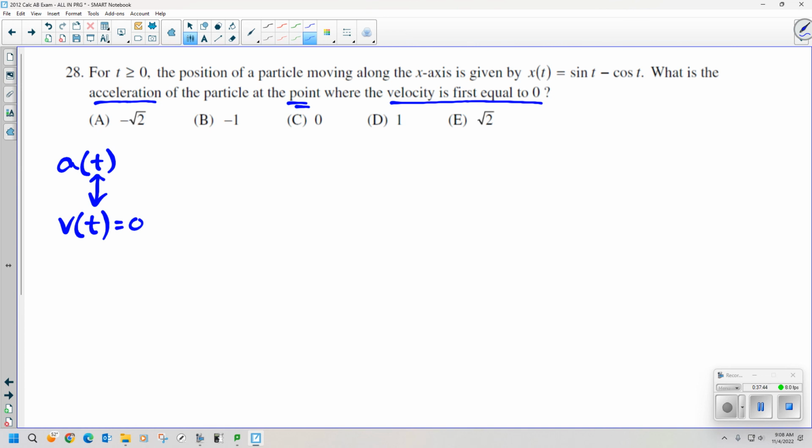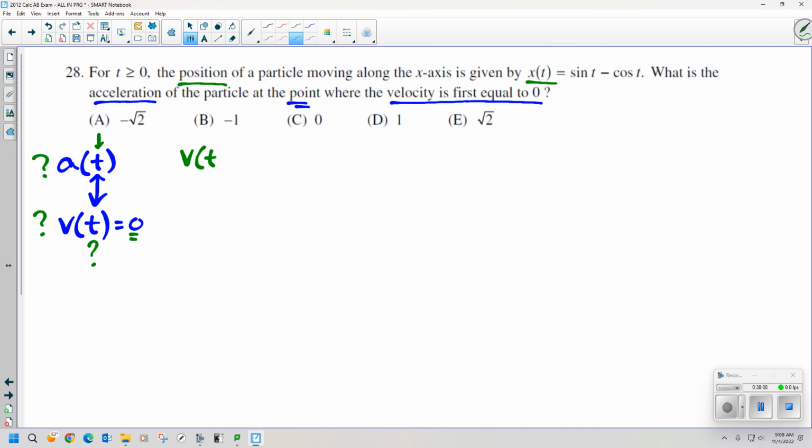So I need to look, and they give me position. Okay, that means I need to find velocity, figure out what value of t makes that equal to 0, and then I need to find acceleration and plug that same t into acceleration. Let's go.